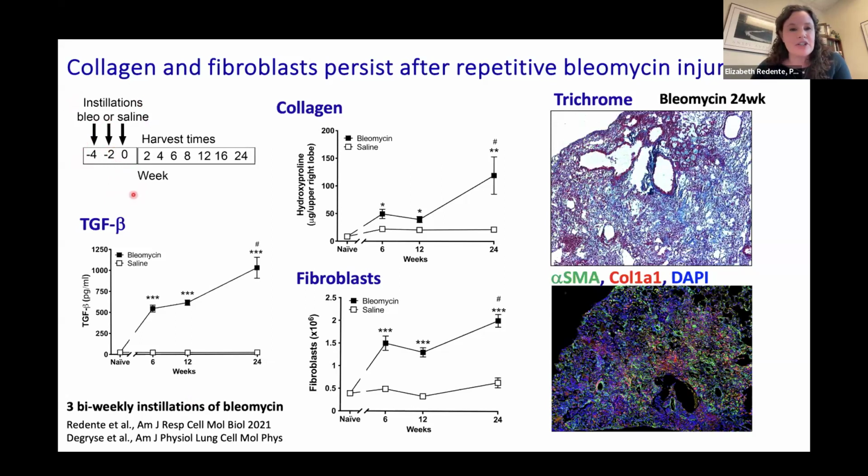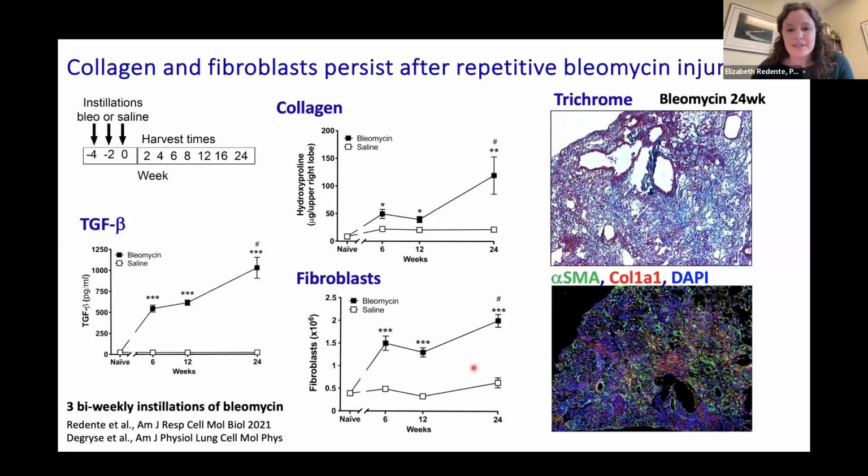Here I'm just showing some time course data so we can look at the development of fibrosis over time. We've taken these animals out 6 months after the last installation. We can see that there's a significant increase in sustained amount of TGF-beta present in the BAL. We can look at collagen levels measured again by hydroxyproline. Again, this is sustained and significantly increased out 6 months over time.